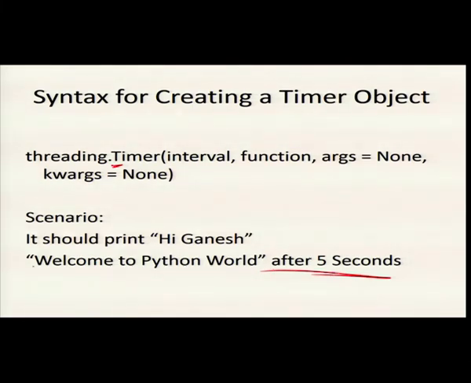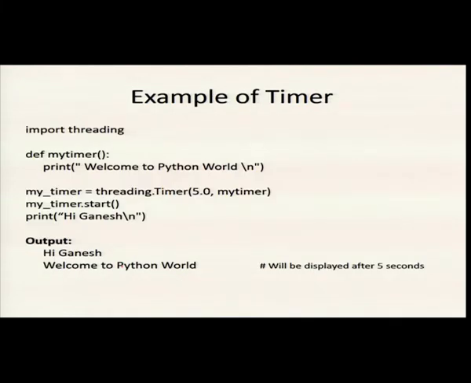Even if welcome to Python world is kept at the top of the code, as the first line, and hi Ganesh is the second, hi Ganesh should get printed first and then welcome to Python world should get printed last, after a gap of 5 seconds. So now let us see how the program works.